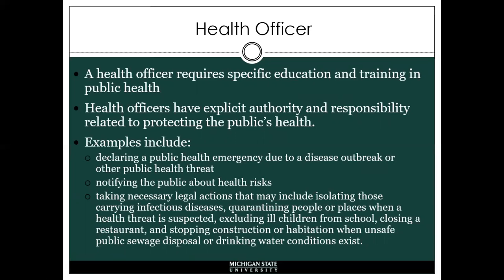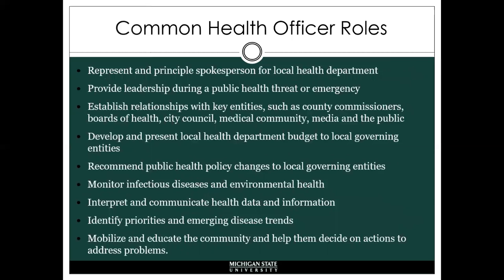They are the ones that have the legal authority, but they can also delegate that. So they can declare a public health emergency. They notify the public about issues. They're really the spokesperson for the agency and the ultimate administrative authority for the agency.